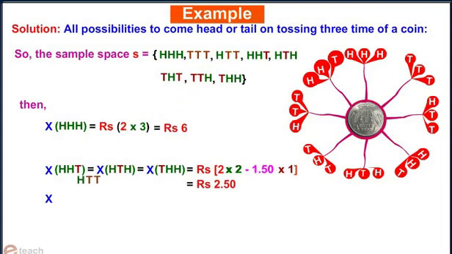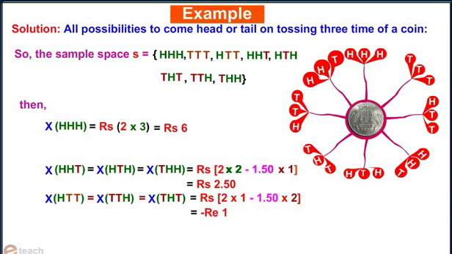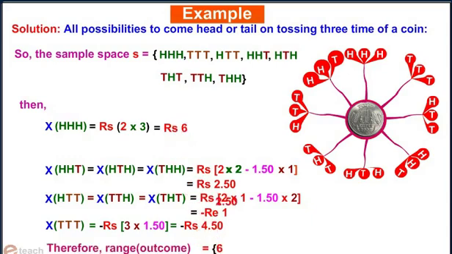X(HTT) equals X(TTH) equals X(THT) is equal to rupees 2 into 1 minus 1.5 into 2, that is equal to minus rupee 1. And X(TTT) equals minus rupees 3 into 1.5, which is equal to minus 4.50. Therefore, the range of X, that is the outcomes, equals 6, 2.5, minus 1, minus 4.5.